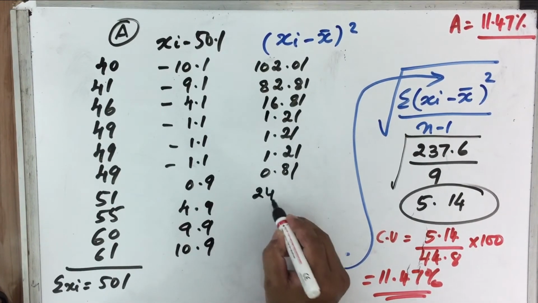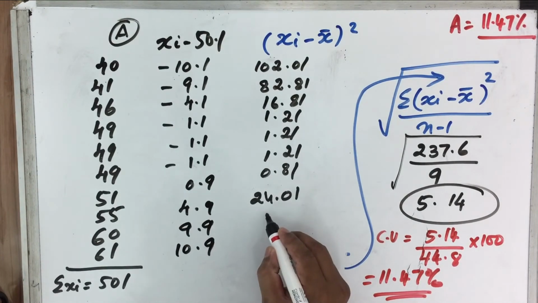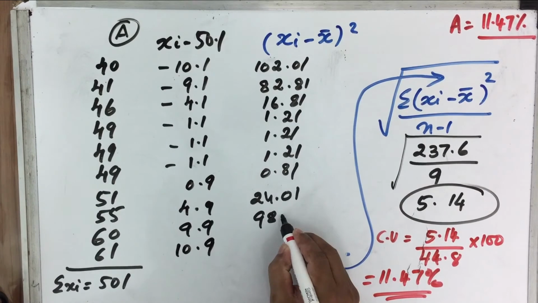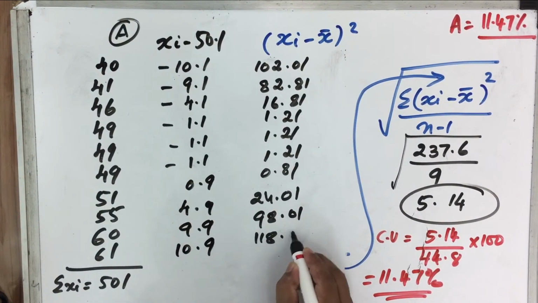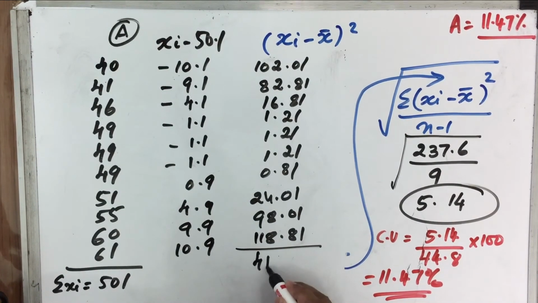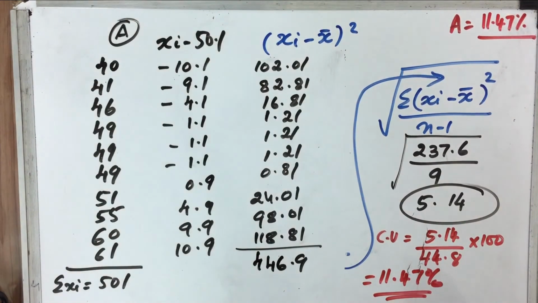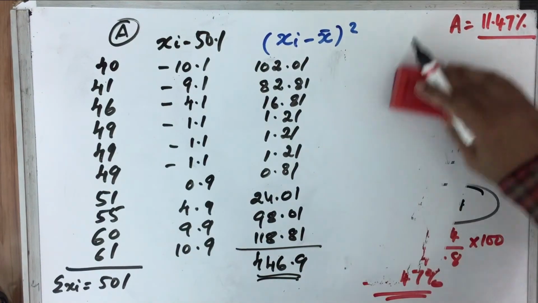This is equal to 24.01. 9.9 square is equal to 98.01, and this is equal to 118.81. The summation of all these values is important for us, and that value is 446.9. So we got the summation of all the (xi minus x bar) all square. So let us cancel this, okay.